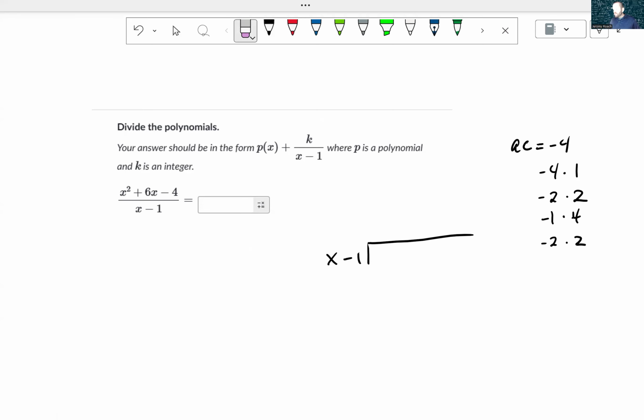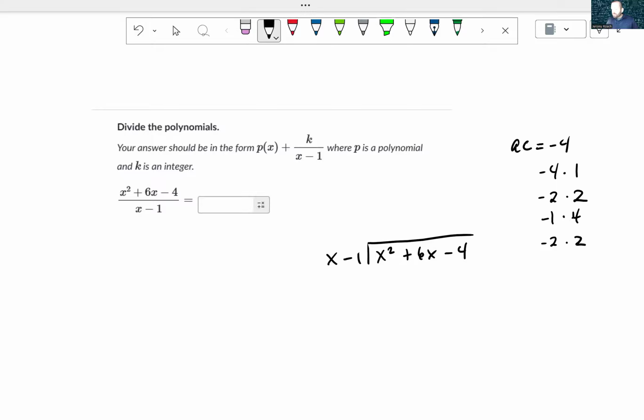So if you try the AC method, you'll get stuck. If that happens, you're going to want to use long division. And so this is long division. We write everything in descending order, and if it skips an exponent, we put in a placeholder like we did in the last example. So now we ask, how many x minus 1s go into x squared plus 6x?